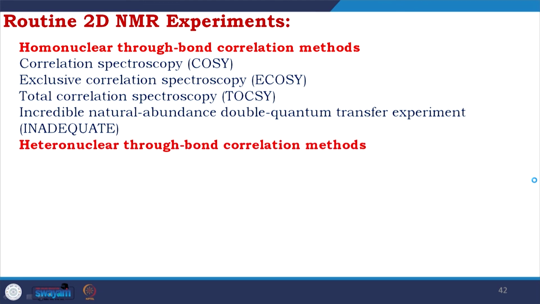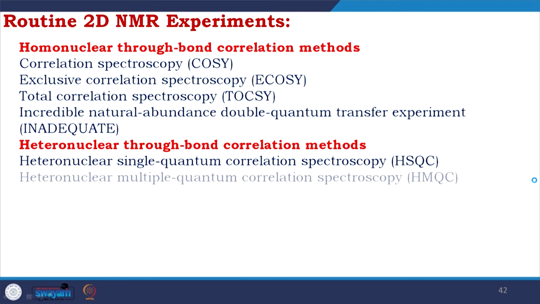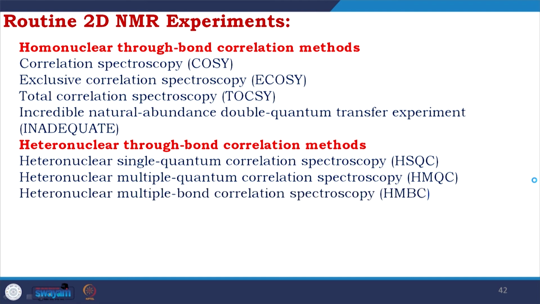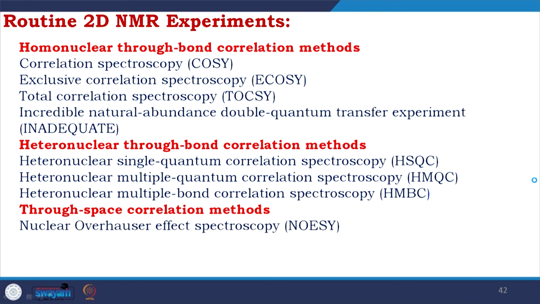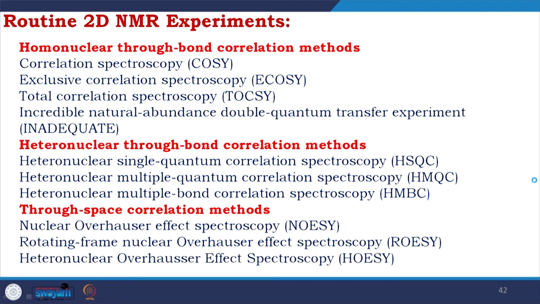Heteronuclear through bond correlation methods are heteronuclear single quantum correlation spectroscopy or HSQC, heteronuclear multiple quantum correlation spectroscopy or HMQC, and heteronuclear multiple bond correlation spectroscopy or HMBC. Through space correlation methods are nuclear Overhauser effect spectroscopy or NOESY, rotating frame nuclear Overhauser effect spectroscopy or ROESY, and heteronuclear Overhauser effect spectroscopy or HOESY.